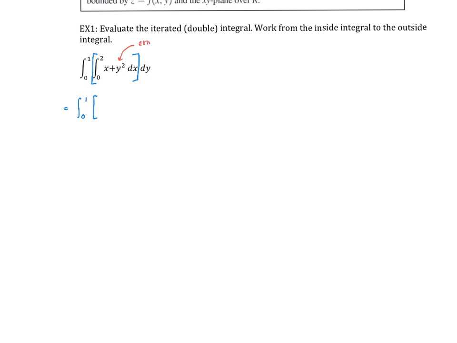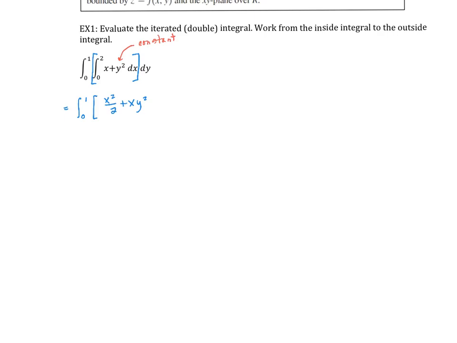Think about substituting the number 3 in there. So the antiderivative for the x portion would be x squared over 2. And then the antiderivative for the y squared would be x times y squared. So this becomes x squared over 2 plus x times y squared.